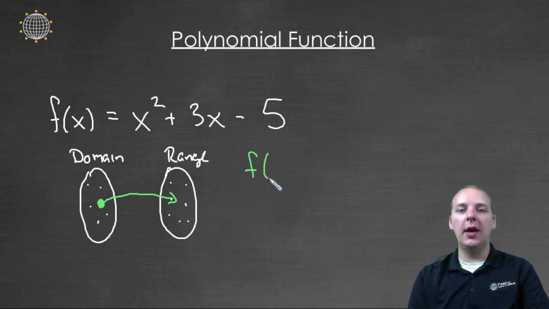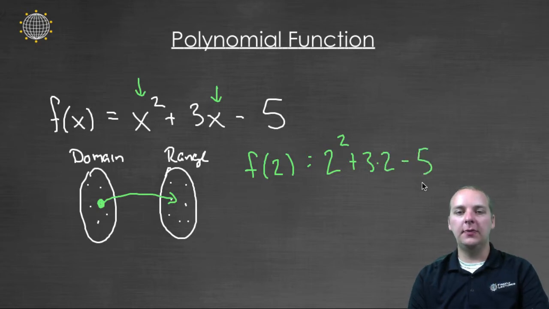Let's do an example. If you wanted to do f of 2, what that means is you take out all these x's and plug in 2 in their place. So we'd have 2 squared plus 3 times 2 minus 5. 2 squared is 4, 3 times 2 is 6, so 4 plus 6 makes 10, and 10 minus 5 makes 5.